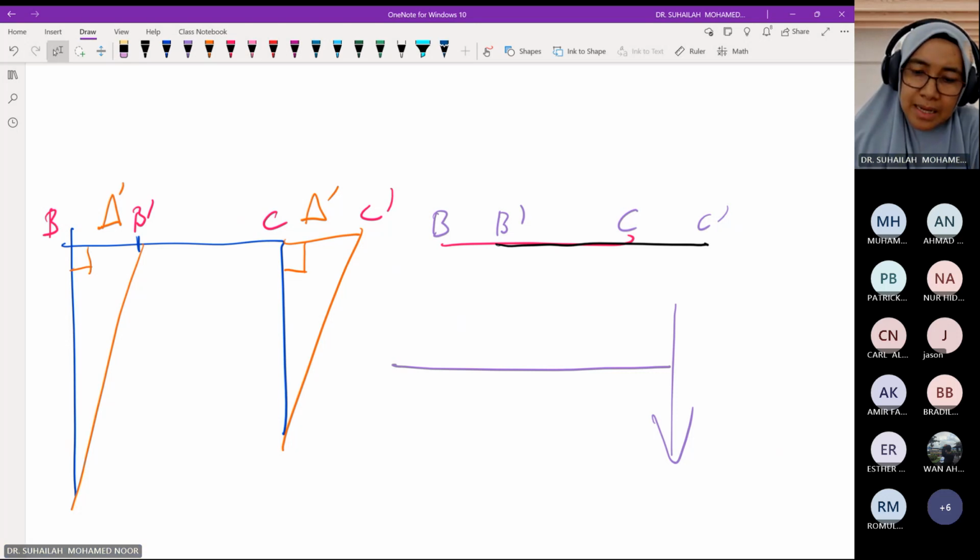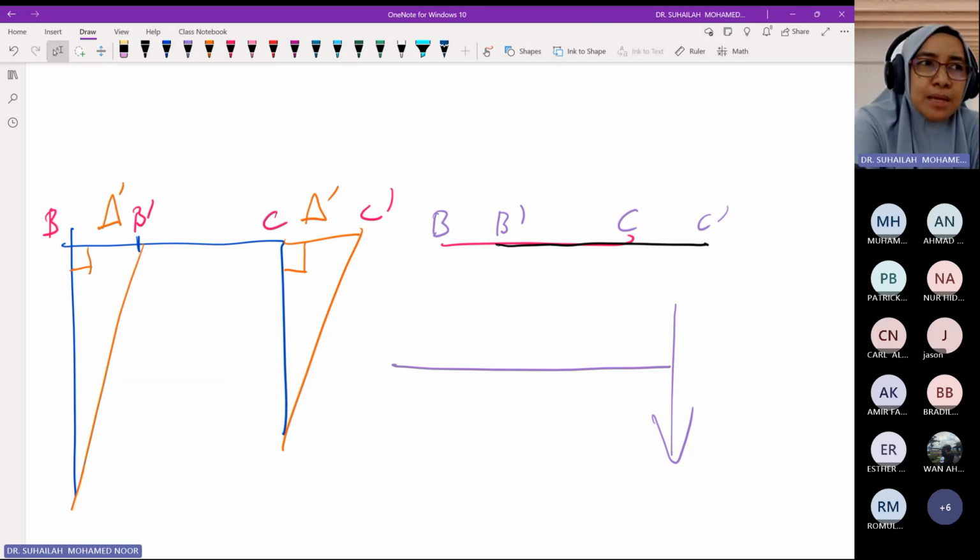Delta adalah dalam arah shear. Tadi AB dengan CD, dua-dua column, dua-dua vertical. So delta tu shear, delta tu horizontal. Beam is horizontal member. Shear dia vertical.